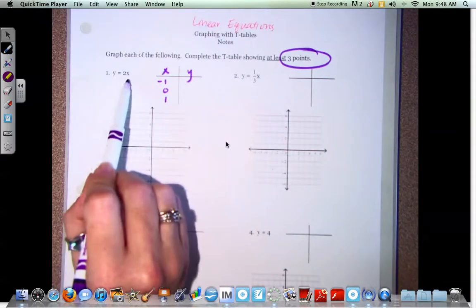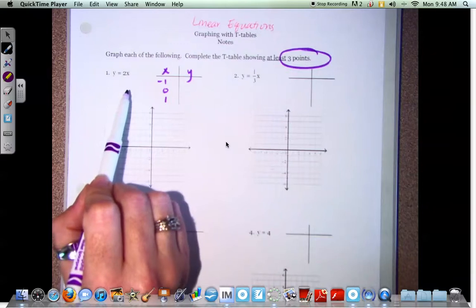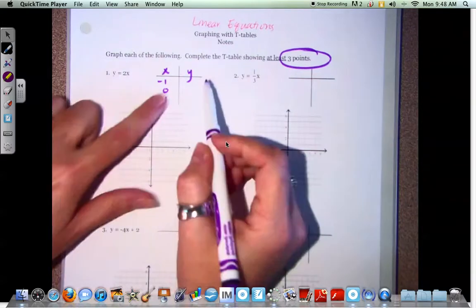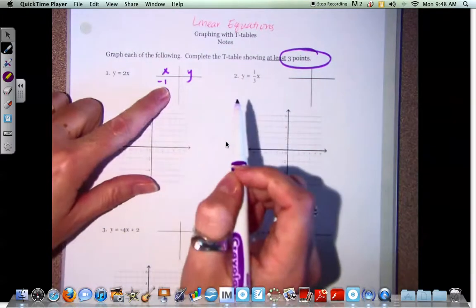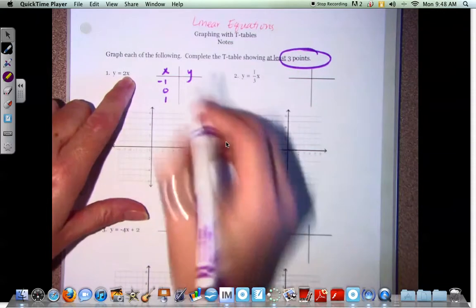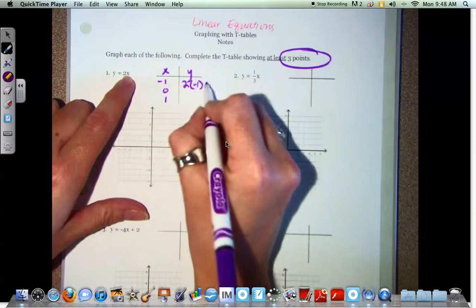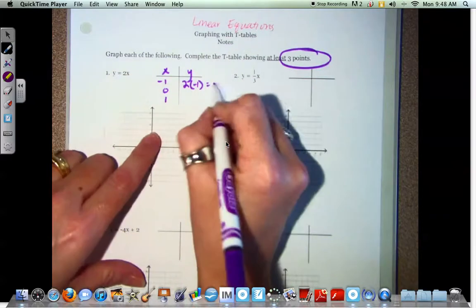We have the 2 next to the X. That implies what operation? Multiplication. So we're going to take this value for X and substitute it into the equation, and we're going to multiply. 2 times negative 1, which gives us negative 2.